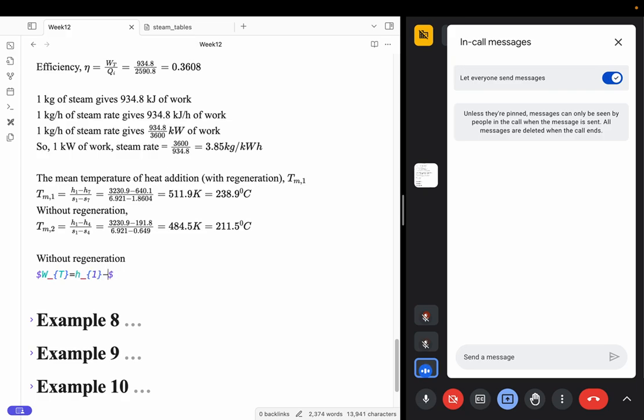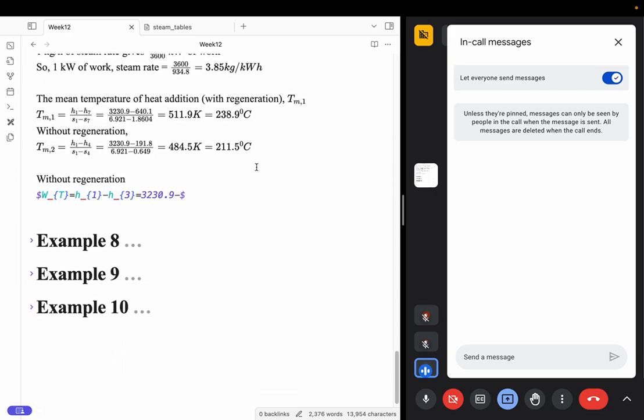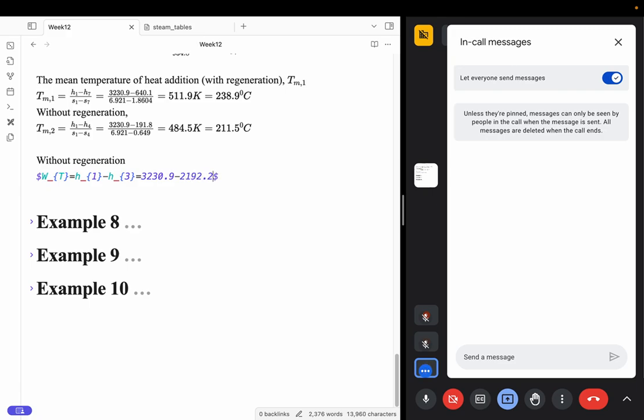H1 I already know, 3230.9, minus H3 we have calculated before, 2192.2. That is coming to around 1038.7.